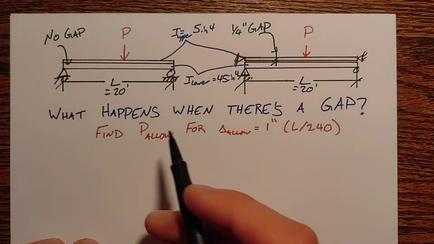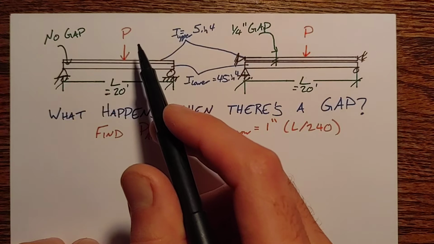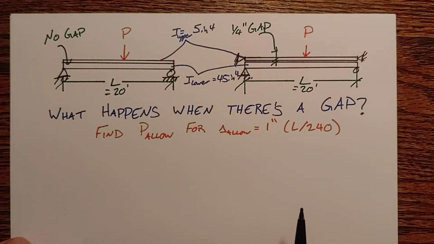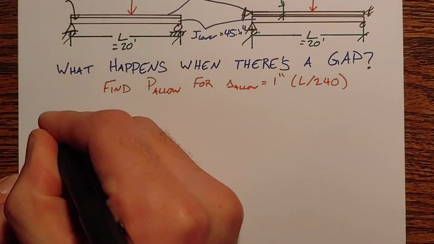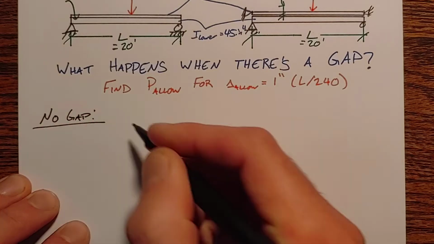We are shooting for the allowable load at mid-span that gives us L over 240, or 1 inch of deflection, in both cases. So, getting right into the no gap case, this is pretty straightforward.